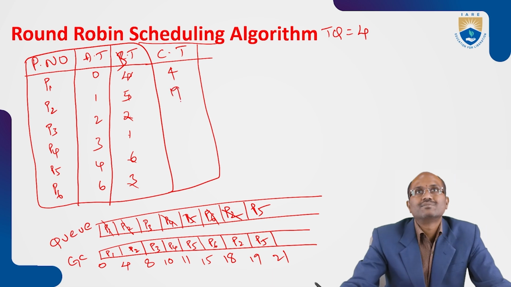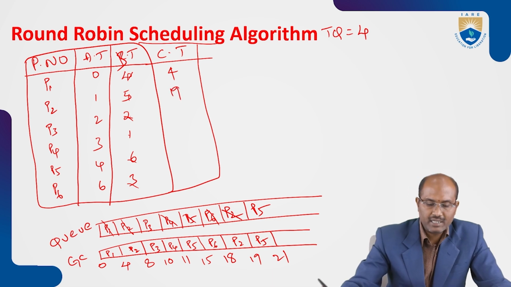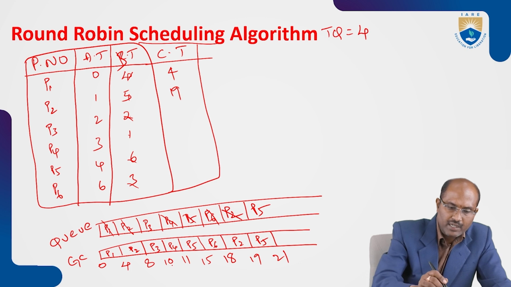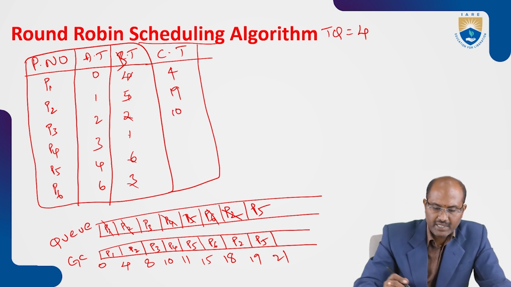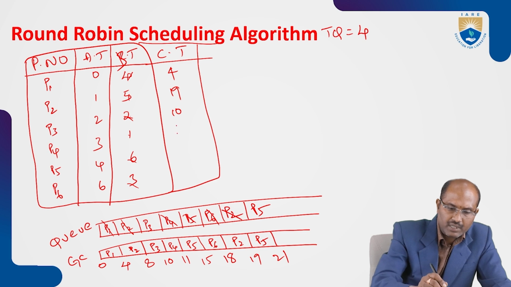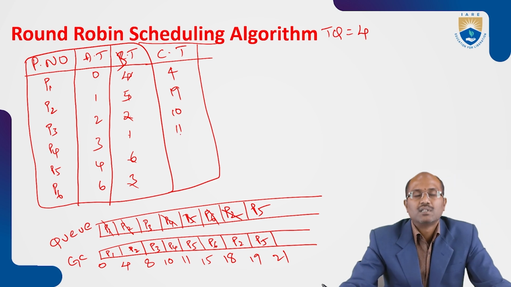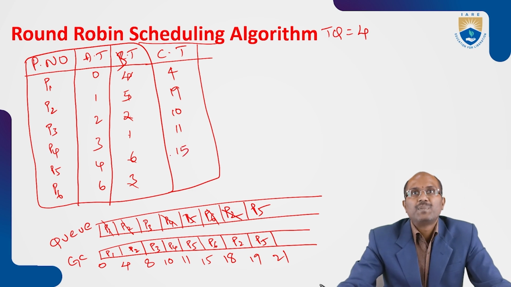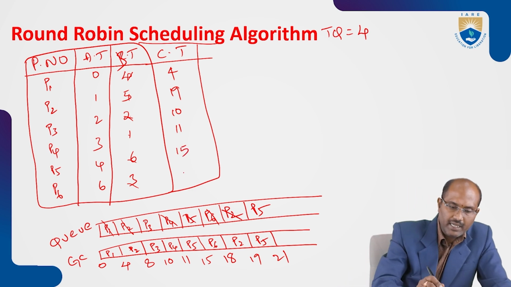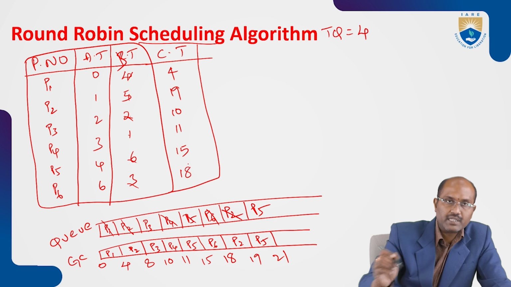P2 completed at 19 units of time. P3 completed at 10 units of time. P4 completed at 11 units of time. P5 completed at 15 units of time. P6 completed at 18 units of time.